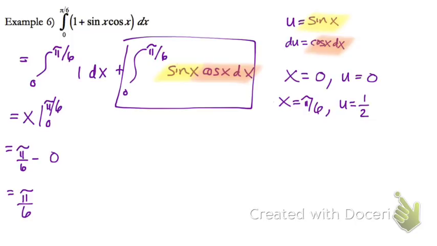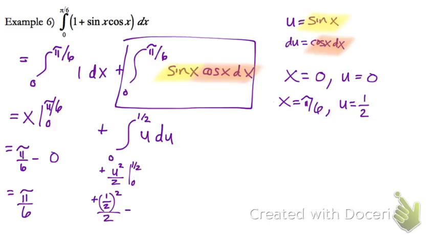So if I do this u substitution, I get plus the integral of u du, and my limits of integration are from 0 to 1/2. The integral of u is u squared over 2, evaluated from 0 to 1/2. If I do the fundamental theorem of calculus, that would be 1/2 quantity squared over 2 minus 0 squared over 2.